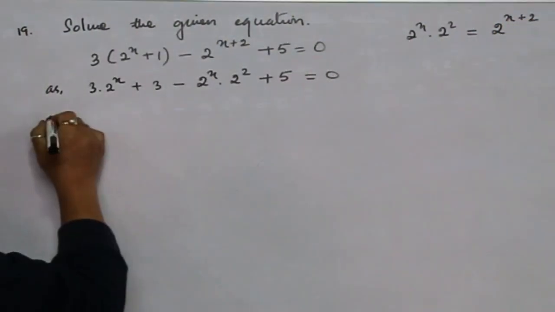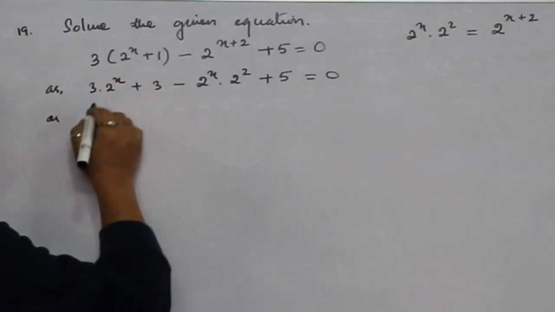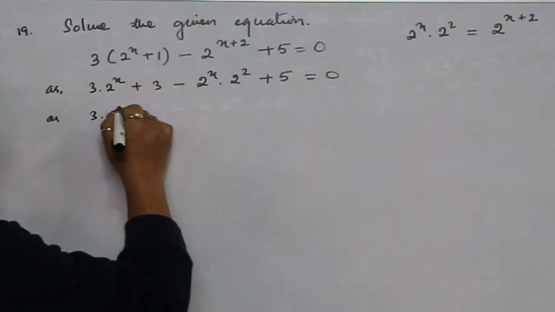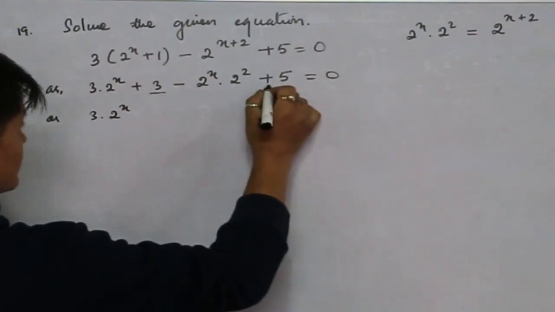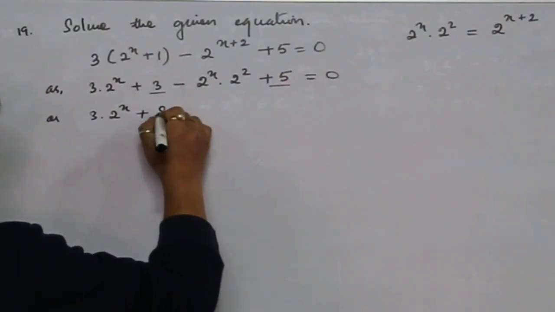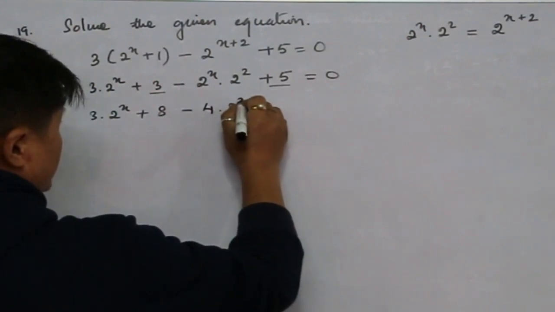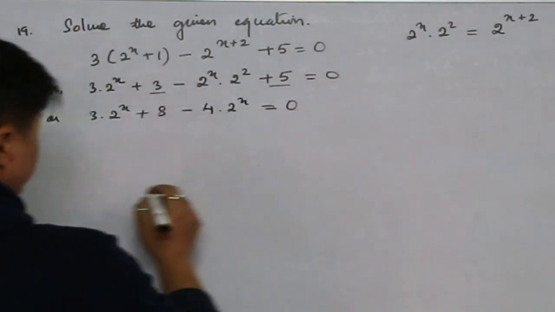Okay, so this will be 3 into 2 to the power x, plus 3 plus 5 constants, 3 plus 5 is 8, minus 4 into 2 to the power x is equal to 0.